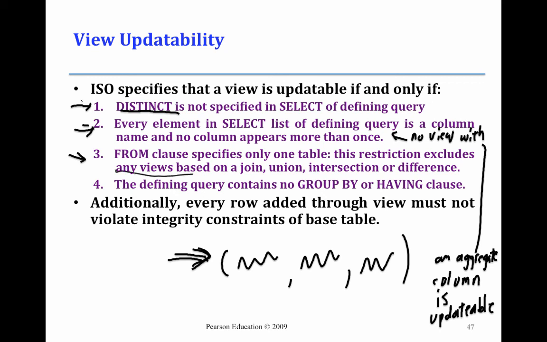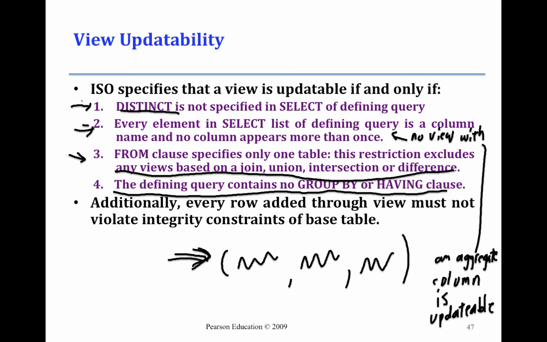So any views based on a join, union, or difference are not updatable. And finally, the defining query can't contain a group by or having clause. And essentially, it's the same problem.